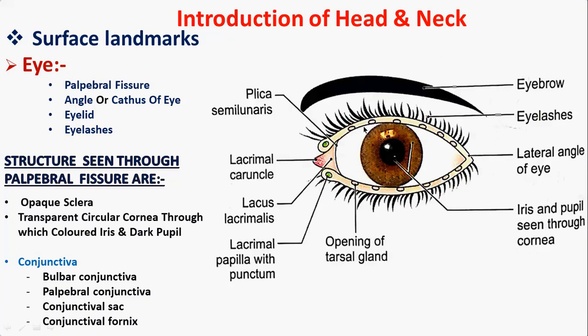Sac means a cavity, so the space between the palpebral conjunctiva and the bulbar conjunctiva is called the conjunctival sac. Here is the conjunctival fornix. What do you mean by the conjunctival fornix? The line of communication between the bulbar conjunctiva and the palpebral conjunctiva is called the conjunctival fornix. We will see the details when we study the eye.